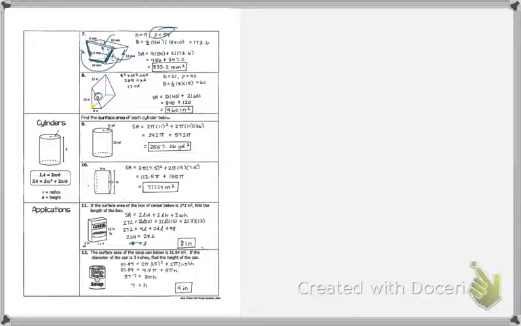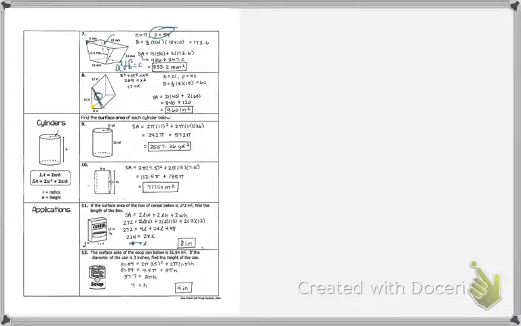So, it's safe to say we could use the Pythagorean theorem, a squared plus b squared equals c squared.